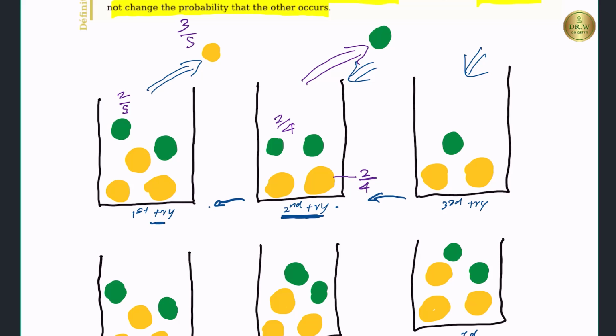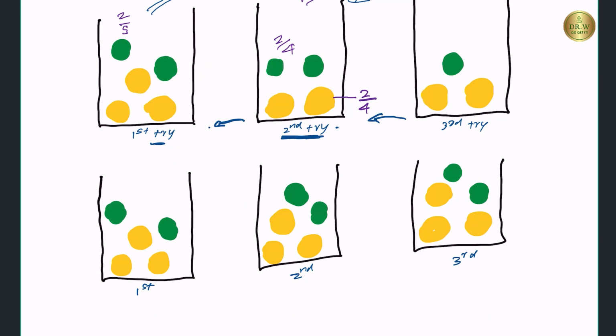So this type of events are called dependent events. They are not independent. What I do here, I take one, right? Then I put it back. I take one, suppose you took green, but I put it back. Okay.